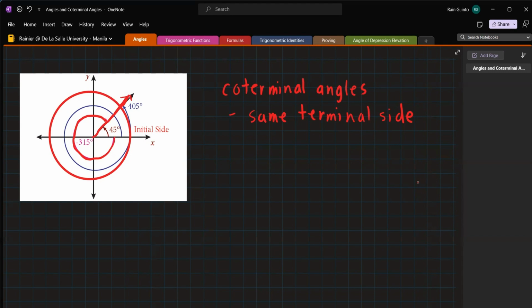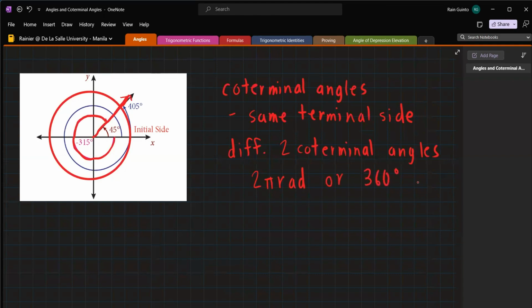Now, the thing about them is the difference between two coterminal angles is always a multiple of 2 pi rad or a multiple of 360 degrees. Let's take a look.